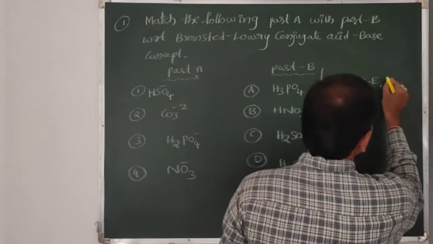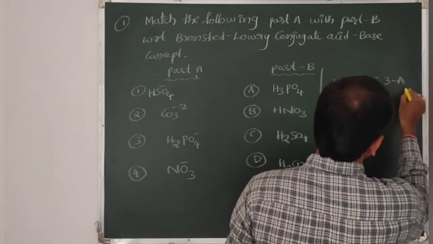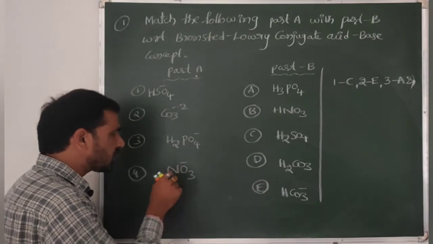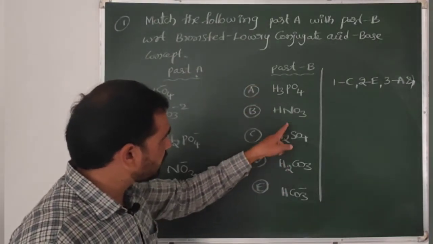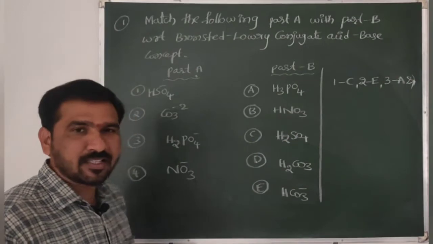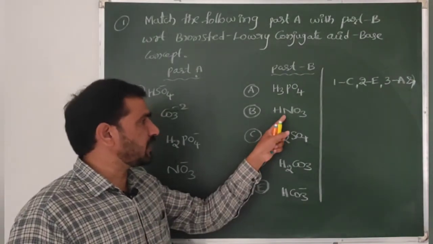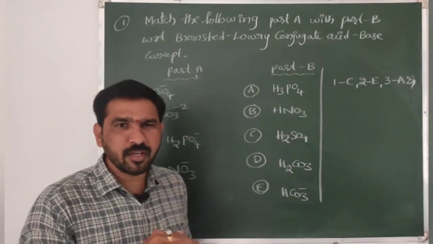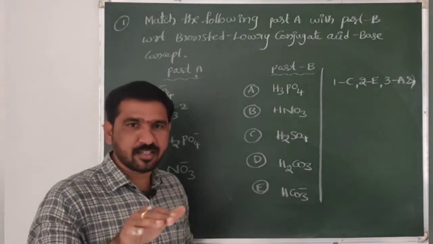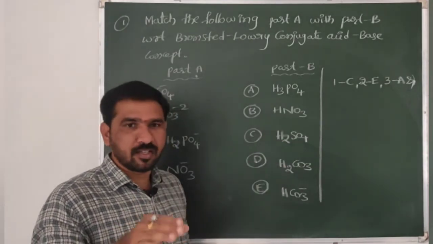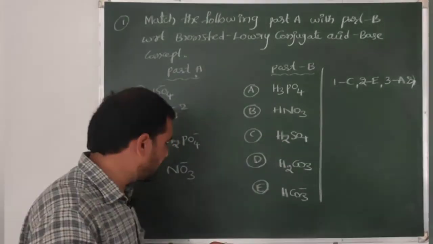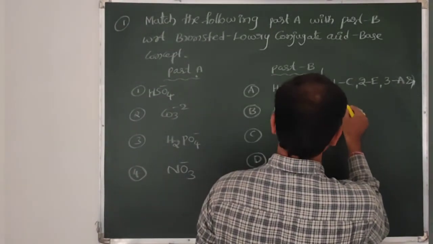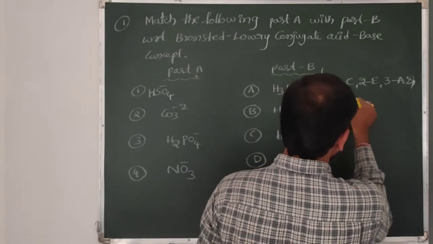So that is 3A, right? And next, the fourth one, NO3 minus. NO3 minus accepts one proton to convert to HNO3. That's why NO3 minus is the conjugate base of the HNO3 acid, or HNO3 is the conjugate acid of the NO3 minus base. So here, 4B.